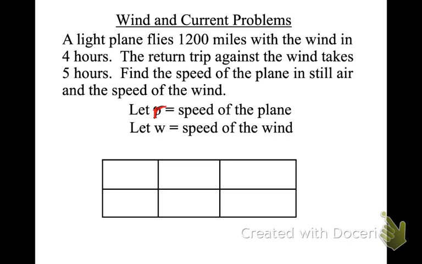If the wind is coming at my face, what's it going to do to me, the plane? Slow you down. It's going to slow me down and push me back, right? So if it's a headwind, it's going to slow us down. It's going to be minus, right? But if it's a tailwind, what's happening with the wind? It's pushing my behind and it's making me go faster.